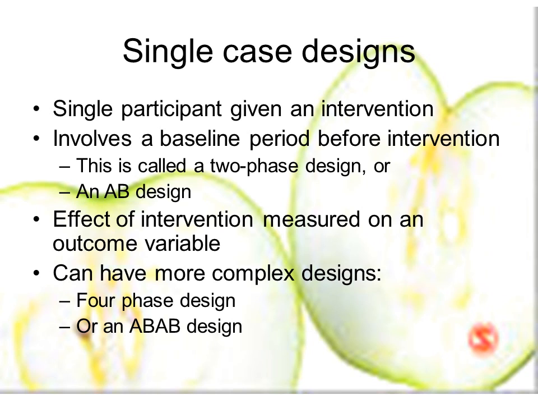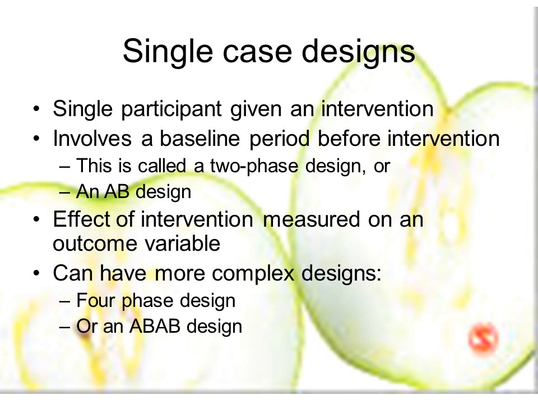Another area that can be used for research is something called a single case design. A single participant is given the intervention. It involves a baseline period before the intervention.